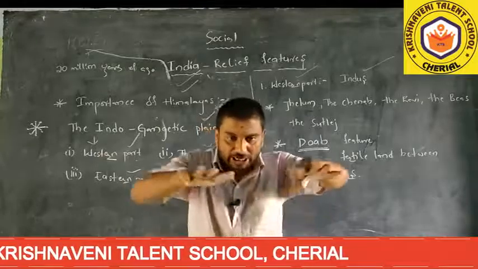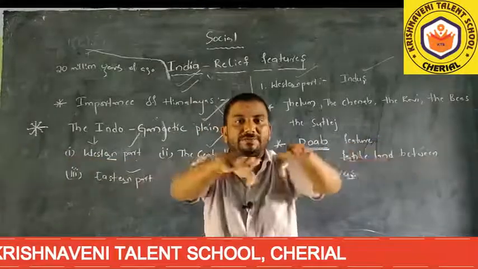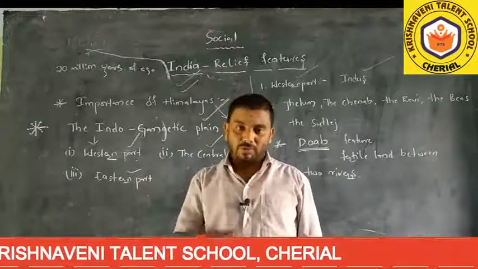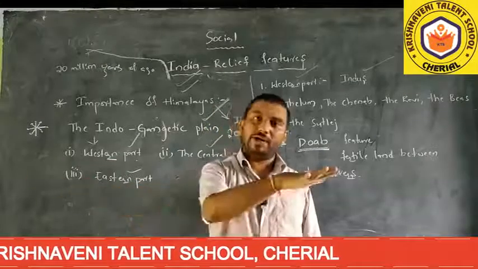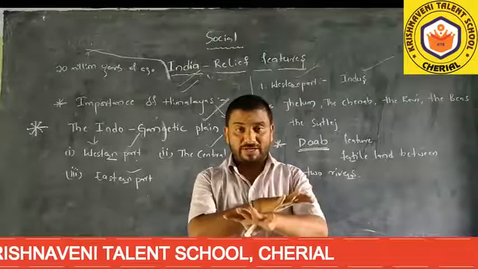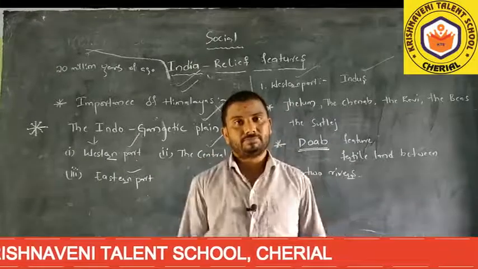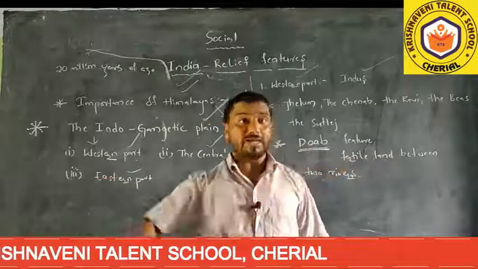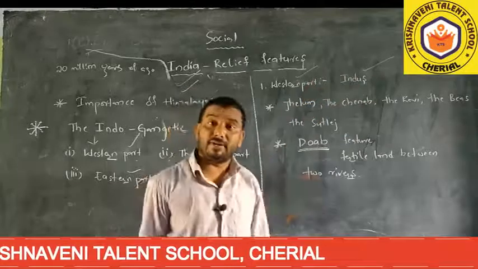So this western Indo-Gangetic plain, what is its feature? The natural feature, the composition. How is the western part of the Indo-Gangetic plain composed by the Indus and its tributary rivers?